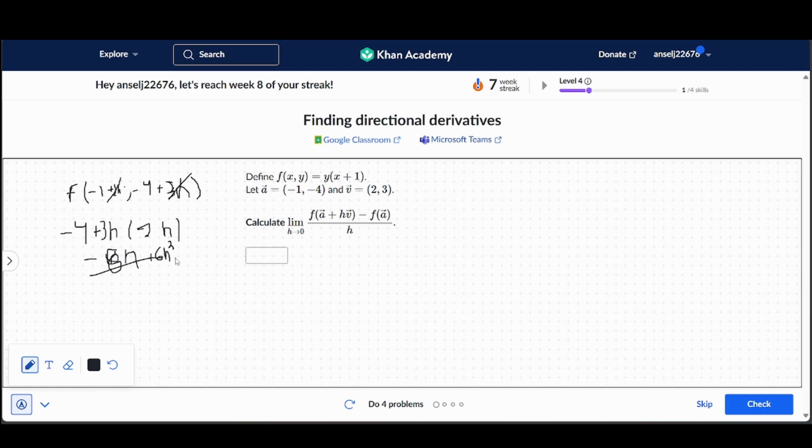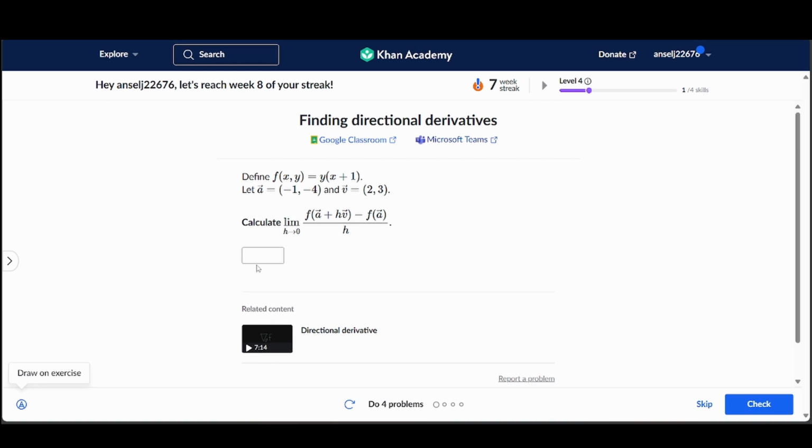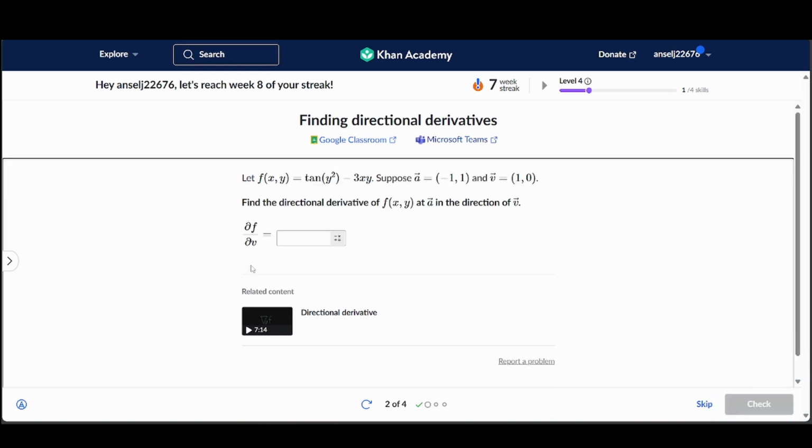Okay, and then you divide by h, and then this thing cancels out, but this thing doesn't cancel out that much. So when it goes to 0, this becomes 0. You understand? But this is left behind, so it's -8. If this is wrong, that's gonna be so sad. Oh, baby. Okay. We're understanding it now.